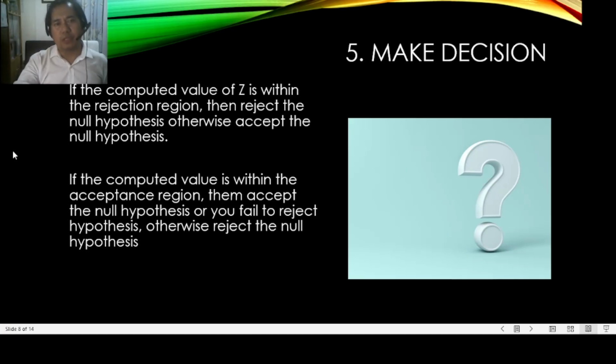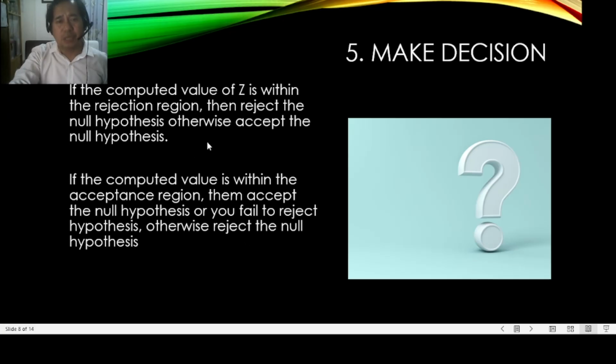Or it says even in here that when we are talking of the p-value and alpha level, if the computed p-value is less than the critical value or alpha level, you always reject the null hypothesis. But if the computed p-value is greater than the alpha level that is given in the criterion, then we accept the null hypothesis.